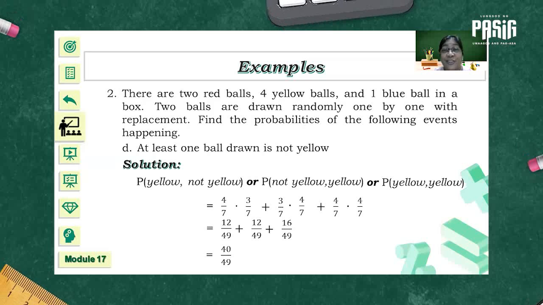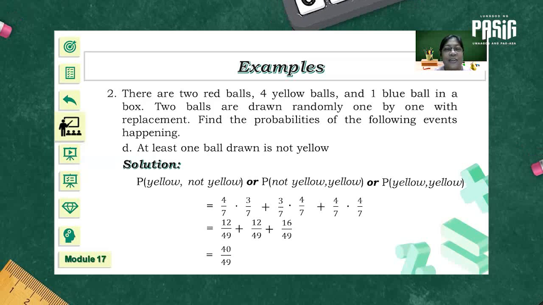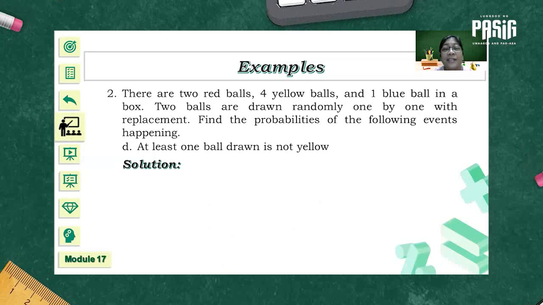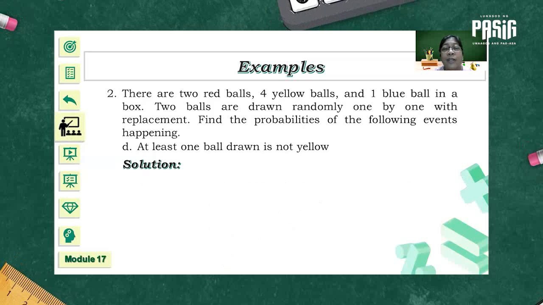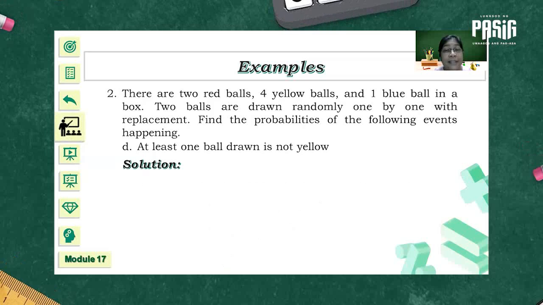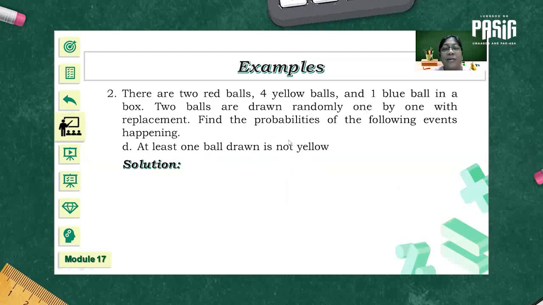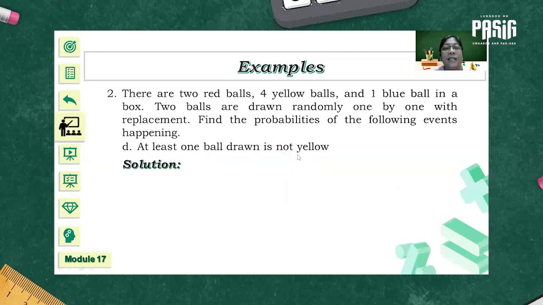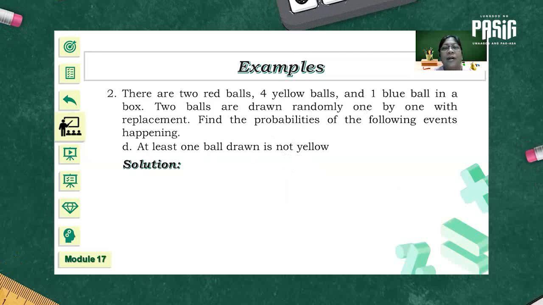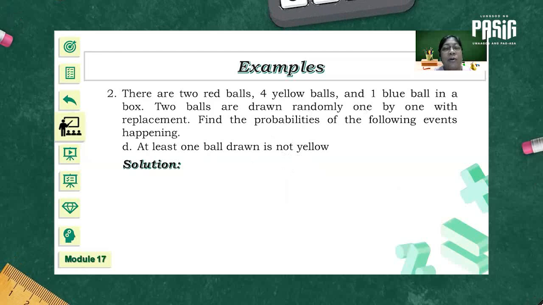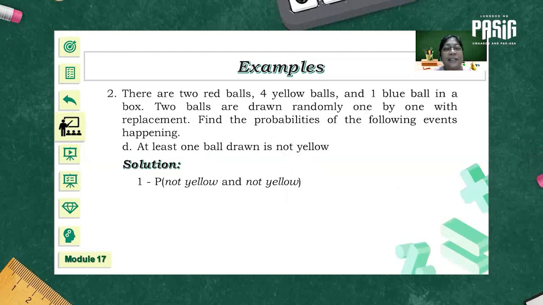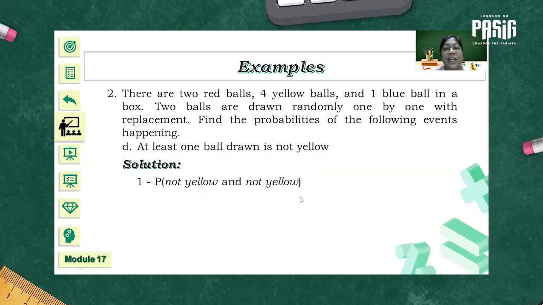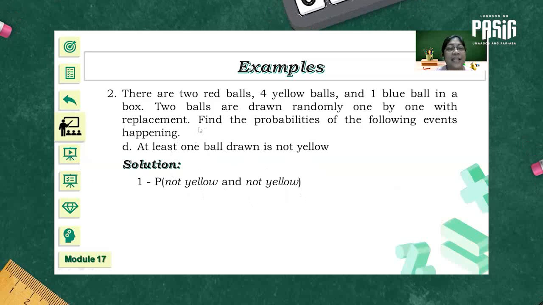Let's have another solution. I think this is much easier. That is, if we're going to use what we call the complement, because we have here the word "not." So let's use the complement. The complement of not getting a yellow ball is if we get both non-yellow, at least.